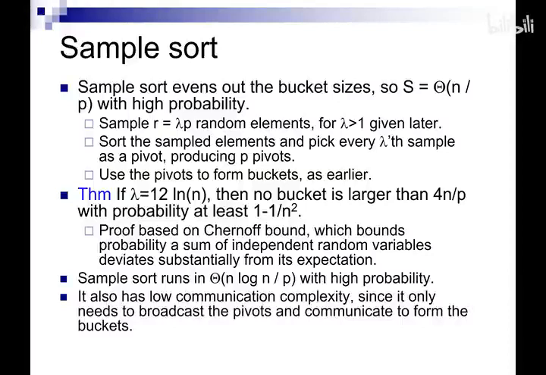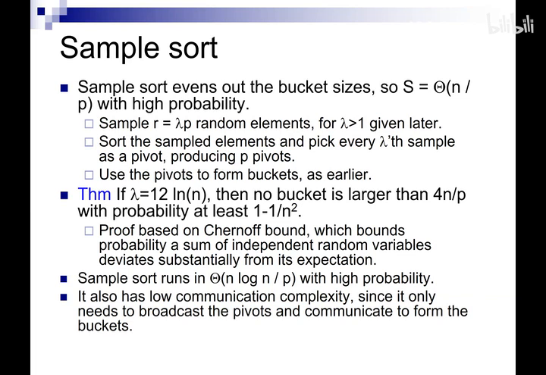The expected sum is just equal to the sum of the expected values of the random variables. So the Chernoff bound lets you bound the probability that you do not get this expected value. It's going to be a low probability. It's unlikely that you deviate from your expectation. And this Chernoff bound is going to say that there's an exponentially small probability that you deviate from your expectation. And using this Chernoff bound, you can prove this theorem over here.